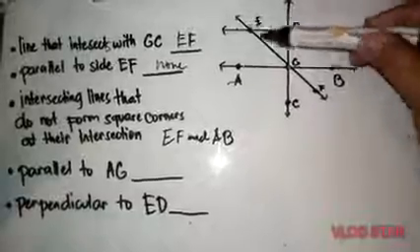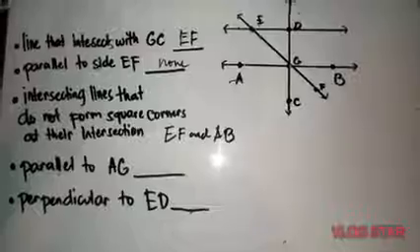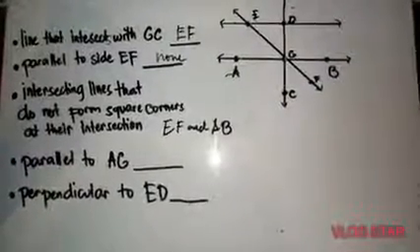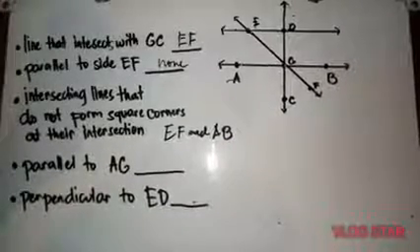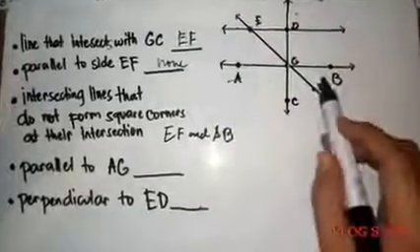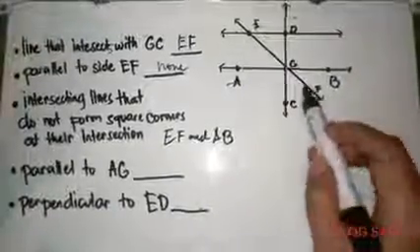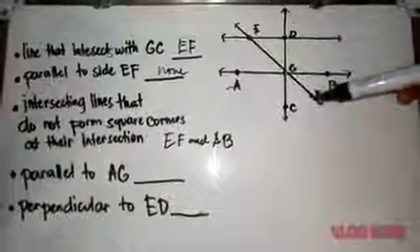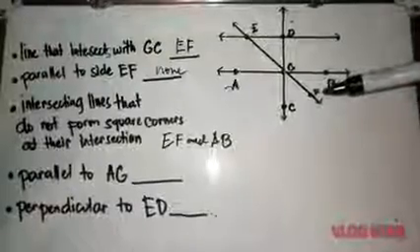As you can see, they intersect but they do not form a square corner. Aside from line EF and line AB, we can also write line AB and line GF. Line AB and line GF.